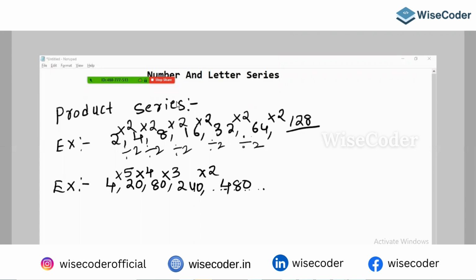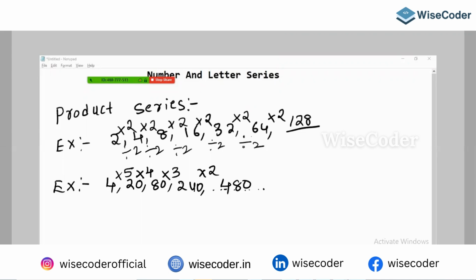Look at here. The first term is multiplied by 5 to get the second term. The second term is multiplied by 4 to get the third term. The third term is multiplied by 3 to get the fourth term. Hence, the fourth term is multiplied by 2 to get 480.